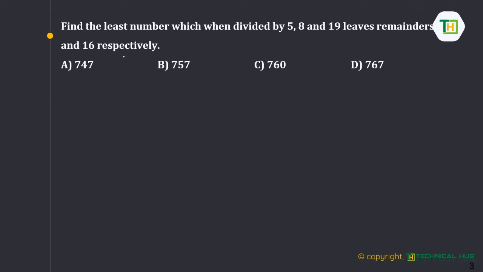Find the least number which when divided by 5, 8 and 19 leaves remainders 2, 5 and 16 respectively. What does it mean? If I take that number as x, and divide it by 5, I get the remainder 2.